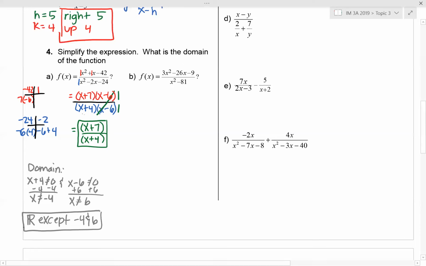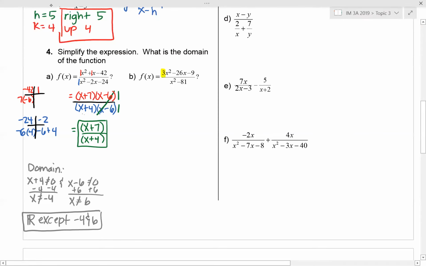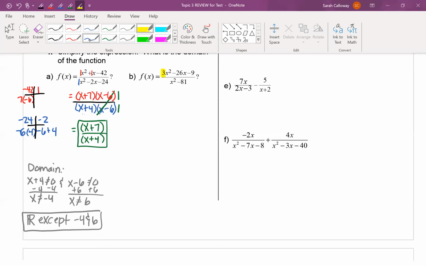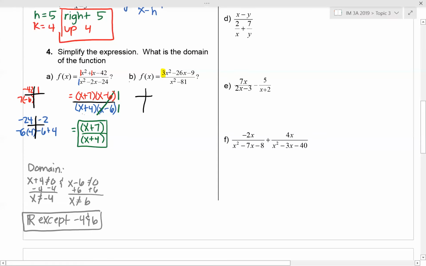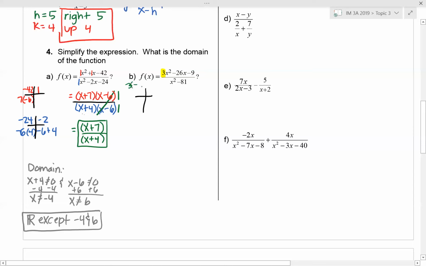So B is asking us to do the same thing, except we have a little bit more complicated of a numerator. And so since the numerator has an a that is not 1, that tells us that we need to use grouping. So we're going to still do the product sum, but because a is 3, we're multiplying 3 times negative 9, which is negative 27.